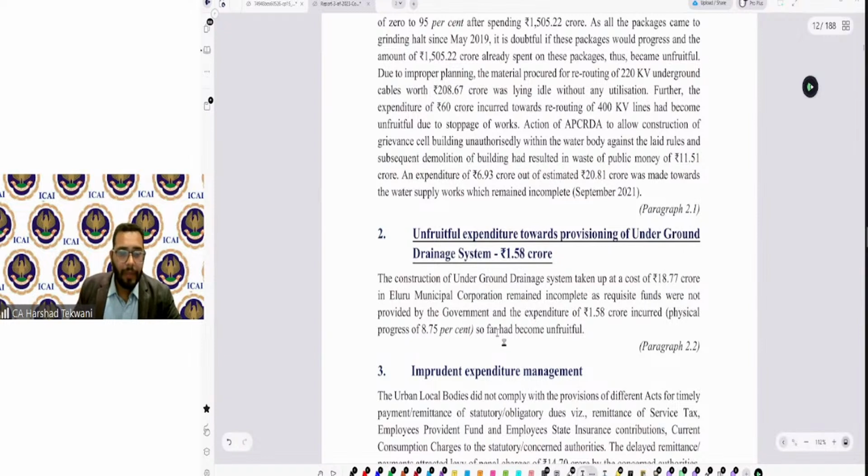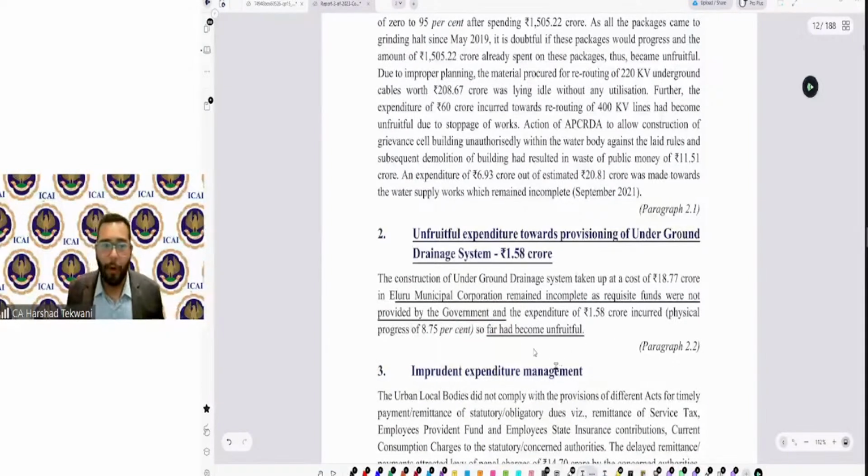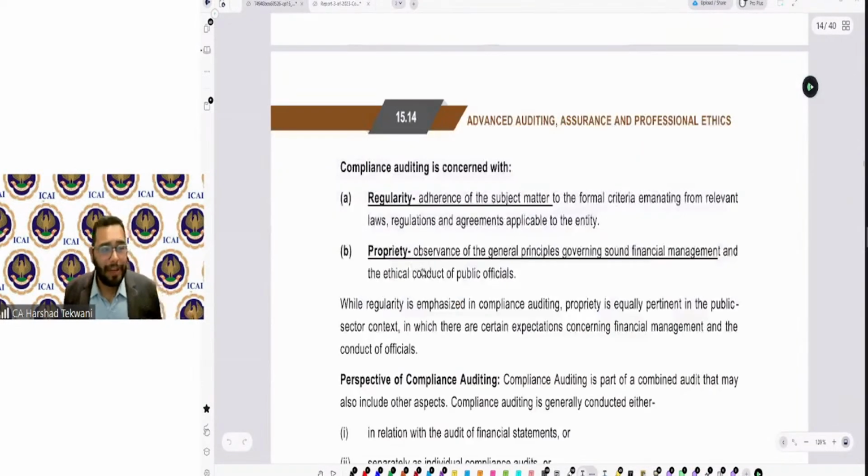Unfruitful means that was done, but it remained incomplete as requisite funds were not provided, and so it became unfruitful. So nothing came out from that expenditure of 1.58 CR. Okay. Now, when I talk about propriety, it means observation of general principles governing sound financial management, that whatever expenditure you are doing has something out of it. It is giving some benefit. These are not unfruitful expenditures.